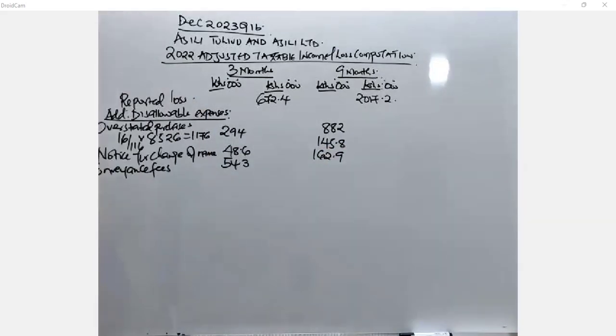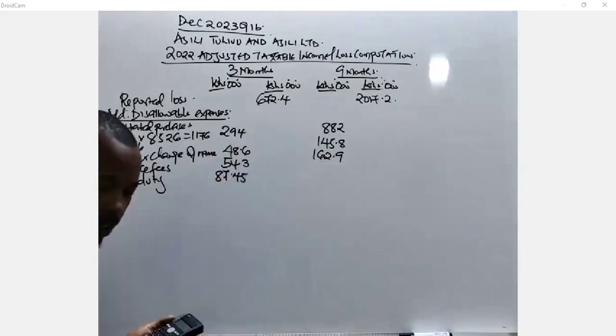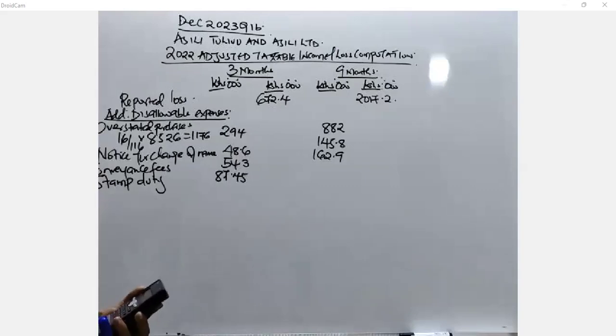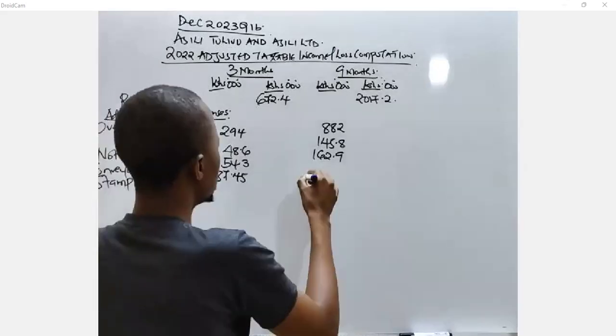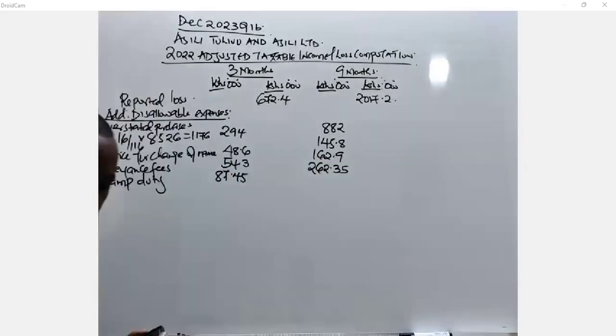We have stamp duty. The stamp duty is 349.8 times 3 divided by 12. Here we are getting 87.45. Then we look at the difference, 349.8 minus my answer, getting 262.35.